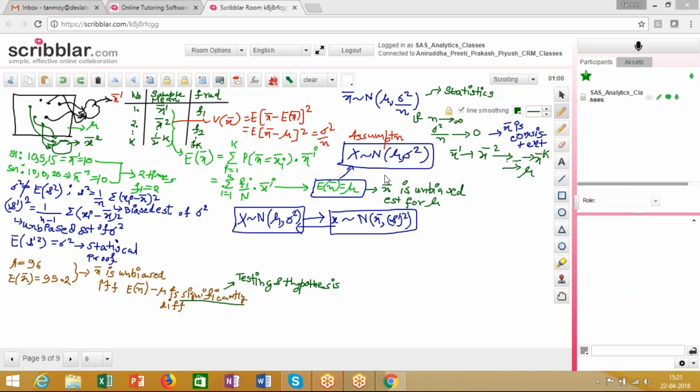Now, in statistics, any quantity or any difference is not a difference until and unless it is statistically significant. Generally, in statistics there are two kinds of differences. One is an observed difference, and the other is a significant difference.